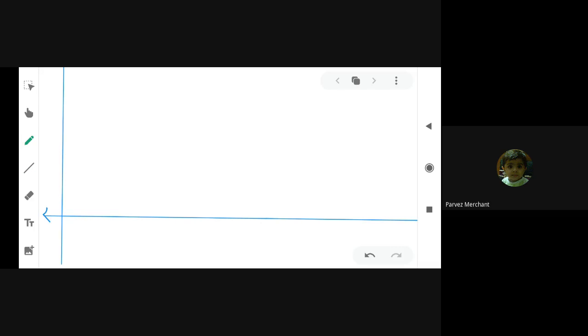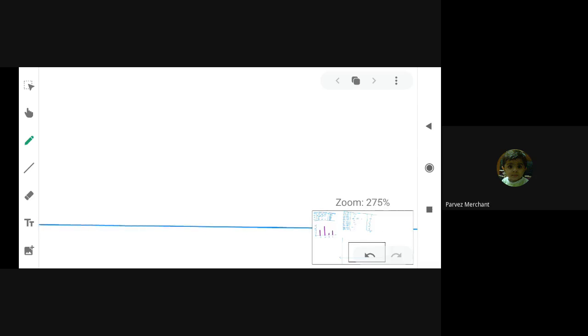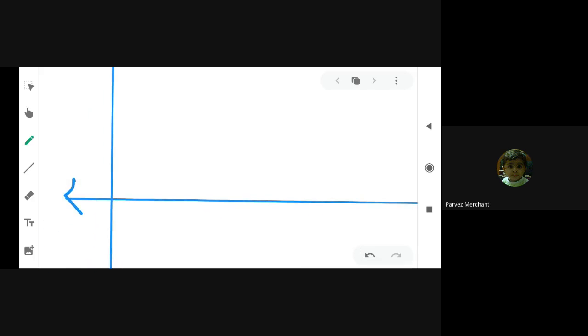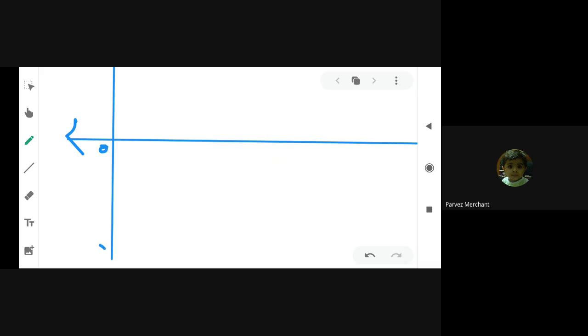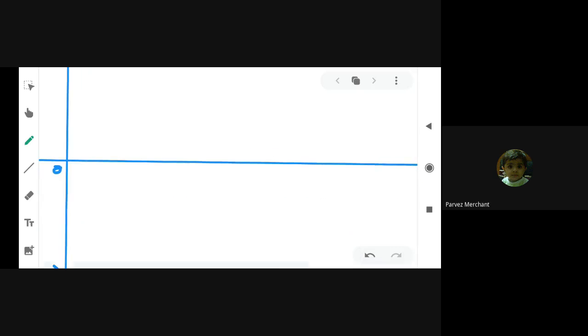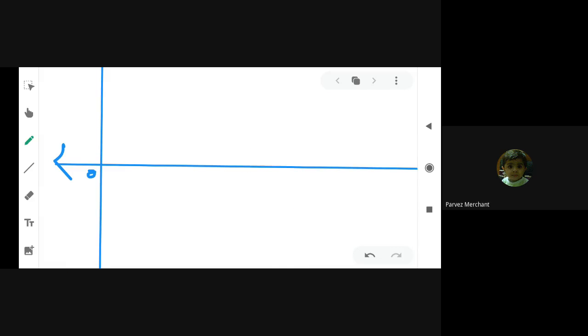Here is the x-axis. Here is your origin. It is your y-axis. First of all, we have to make all the intervals on the x-axis: 800 to 810, 810 to 820. But here you can see our groups have a difference of 10.